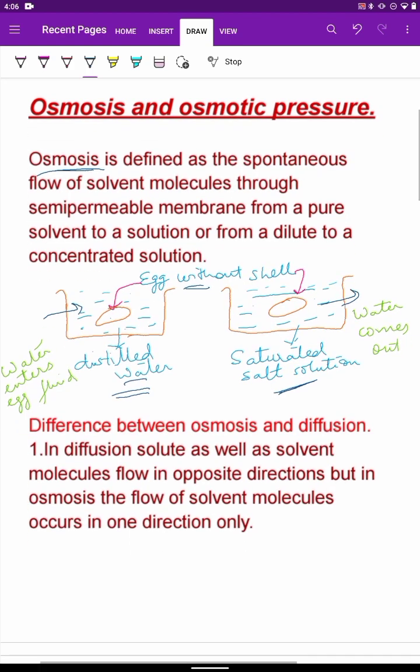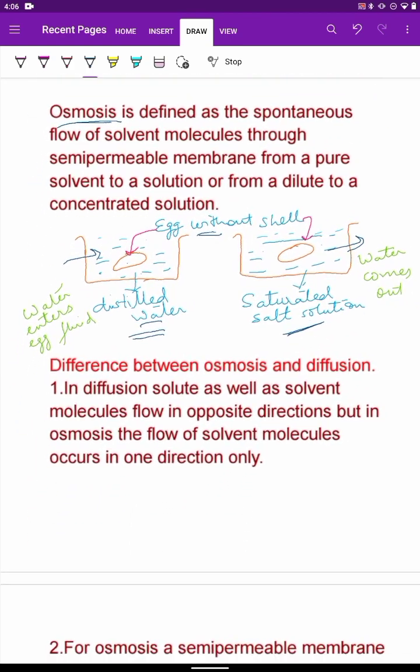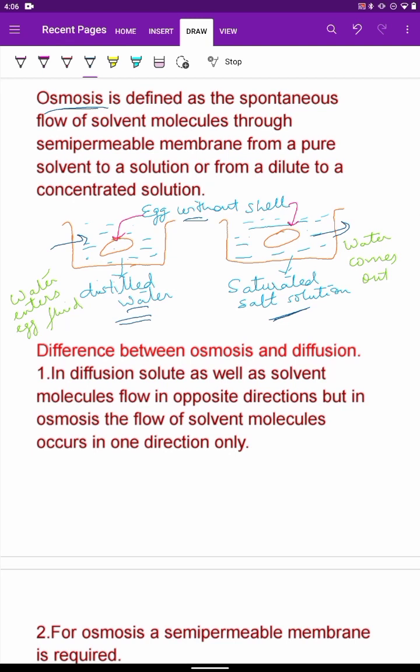Now see, here there was a semi-permeable membrane, the membrane enclosing the egg fluid. In case there is no semi-permeable membrane, there will be movement of solvent molecules as well as solute molecules in opposite directions.